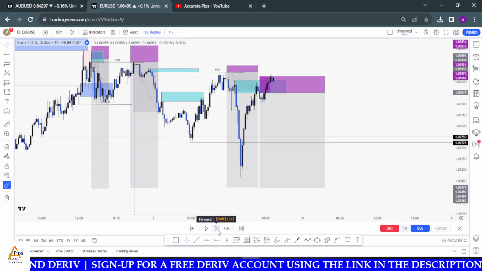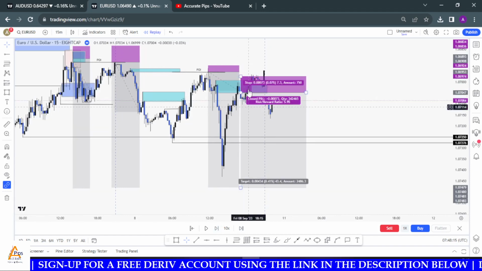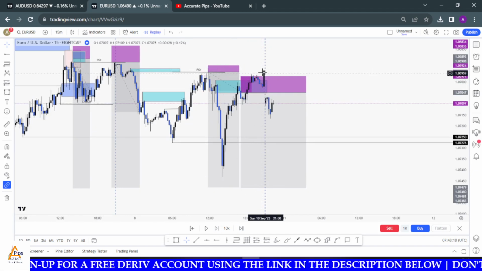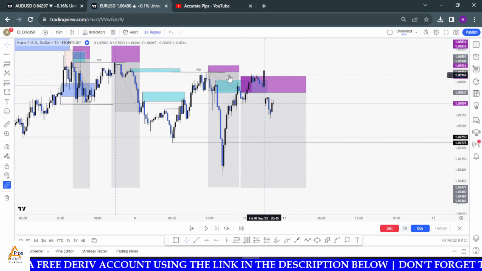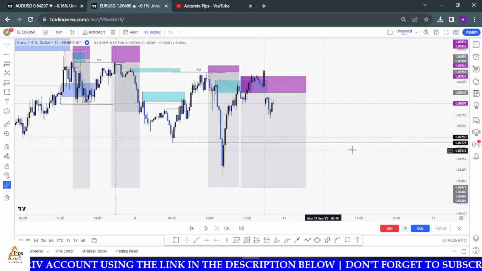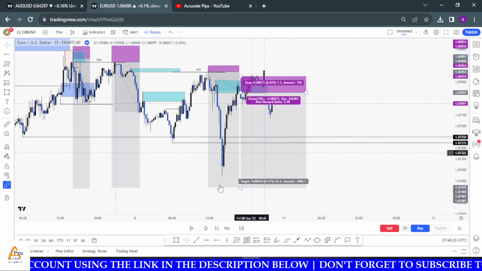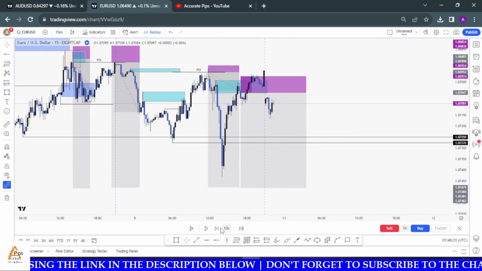Okay, because you met the criteria. So that is a valid loss, and this guy here also would have hit our break even. Let me see. Yeah, our break even would have been hit, and these guys, they will still be running.